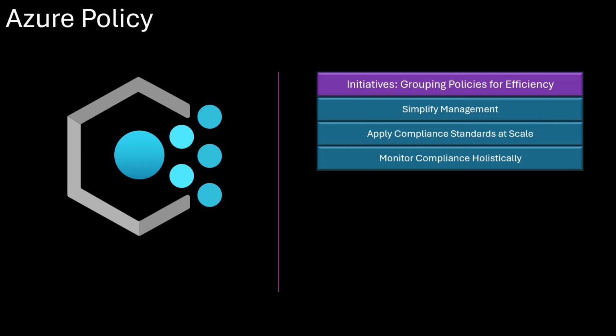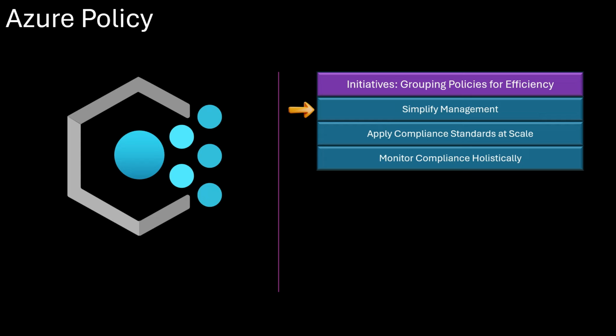An initiative is a collection of related policies that you group together under a single umbrella. Instead of assigning individual policies to resources, you can assign an initiative which applies all its policies at once. Initiatives make your life easier in real life because instead of tracking dozens of policies separately, you can organize them into a structured initiative.